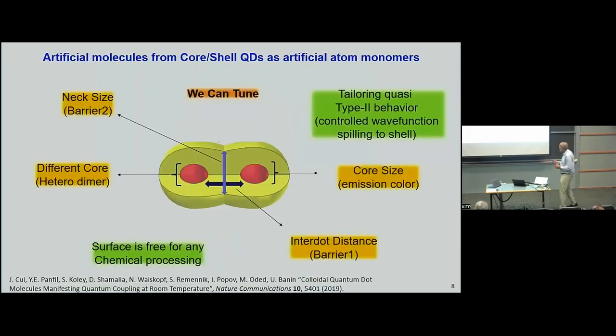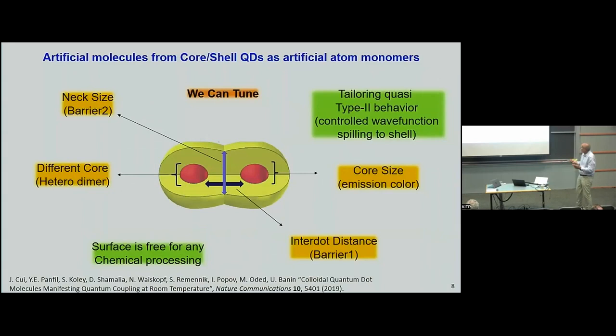And indeed, this gives us a lot of control because we can still change core size. That will give us different emission color, like we have in quantum dots. We can control the barrier by the thickness of the shell. That will dictate the distance. And then I will show you that we can also fill up this neck. The constraint between them will also dictate the tunneling of the wave functions in between those two centers.